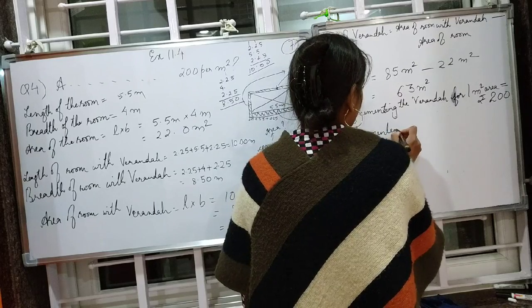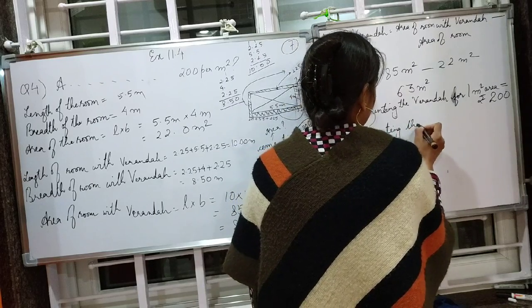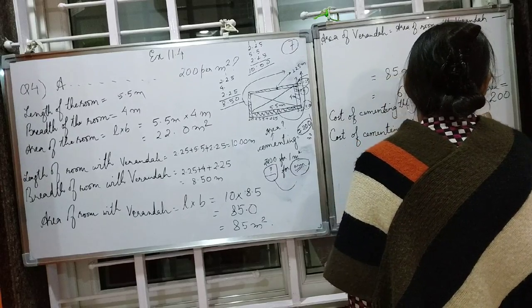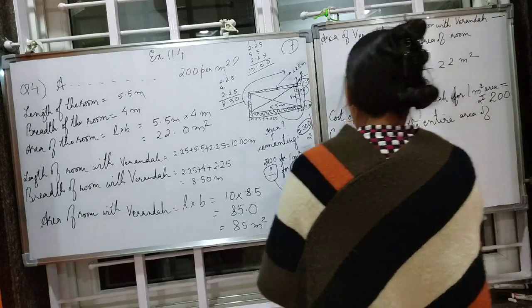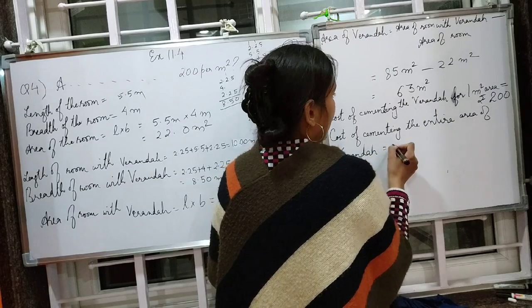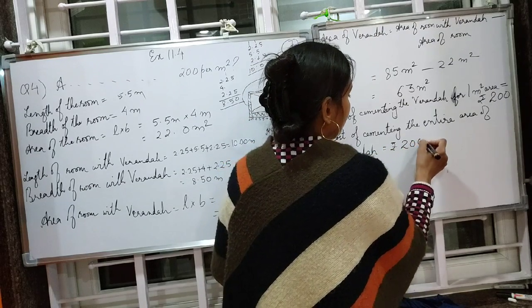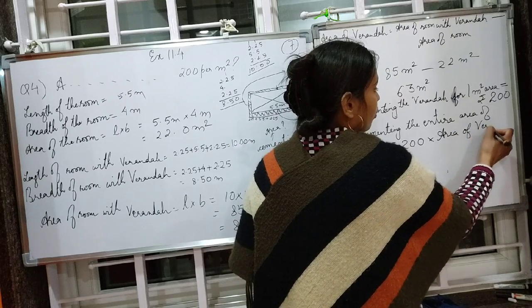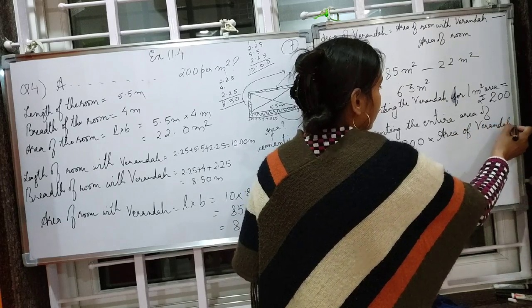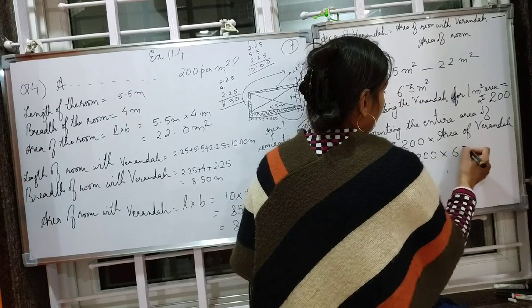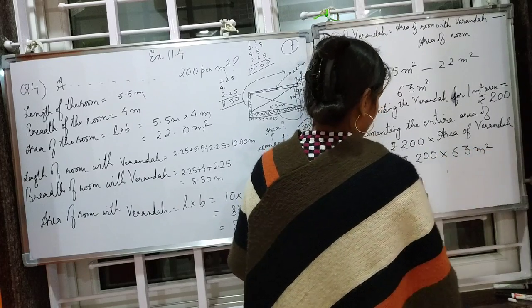Okay, now we have to find the cost of cementing the entire area of veranda. For that, we multiply rupees 200 into area of who? Veranda. So that is equal to rupees 200 into 63 meters square.